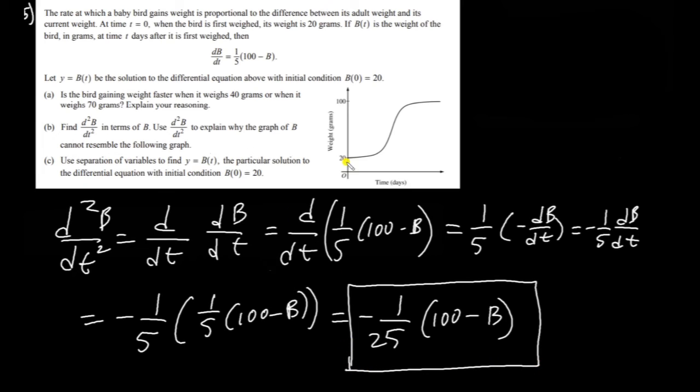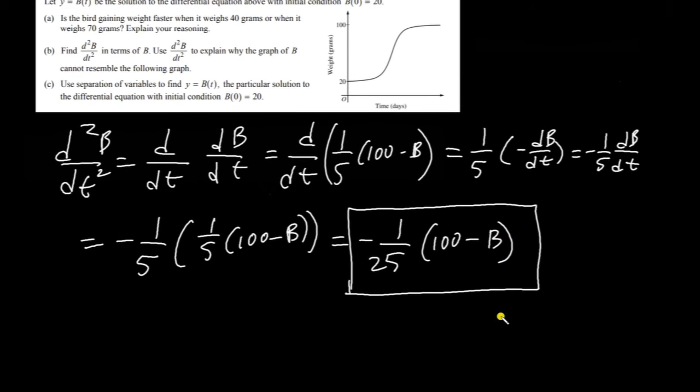All we've got to do now is figure out why this tells us that this graph is wrong. When I think of the second derivative and the graph, the first thing that should come to your mind is concavity, because the second derivative tells us all about the concavity of a graph. Notice that B is anywhere between 20 and 100, so if we plug in a B here, it can be anything from 20 to 100.